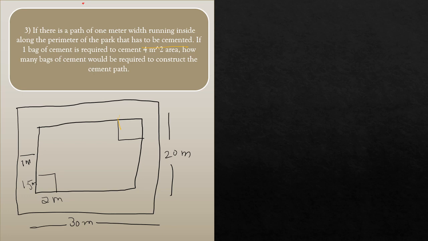If one bag of cement is required to cement 4 meter square area, how many bags of cement would be required to construct the cement path? We have to find the number of bags of cement.